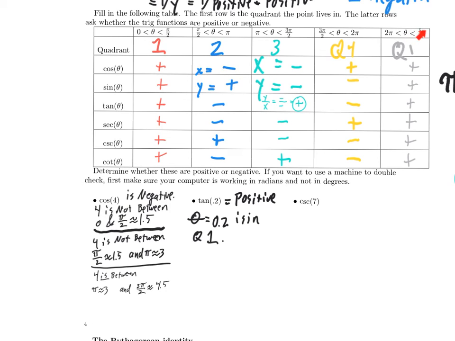So 5 times 3 is 15, divided by 2 is 15 over 2. Yeah, that's 7.5. So apparently 7 is between 2 pi and 5 pi over 2. That puts me in quadrant 1. In quadrant 1, cosecant is positive.